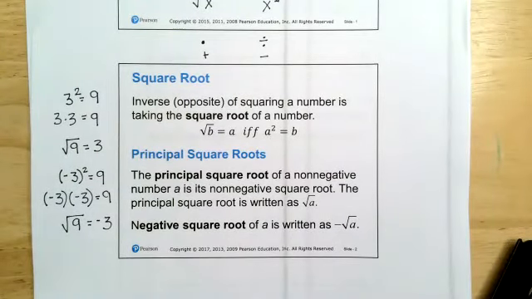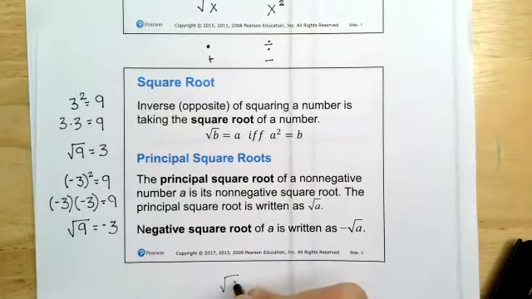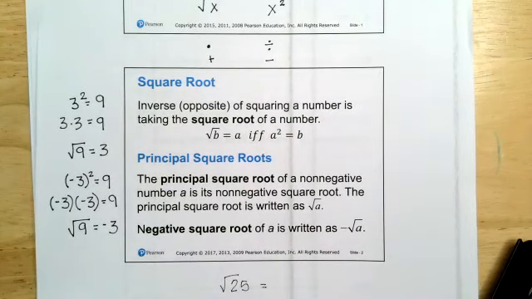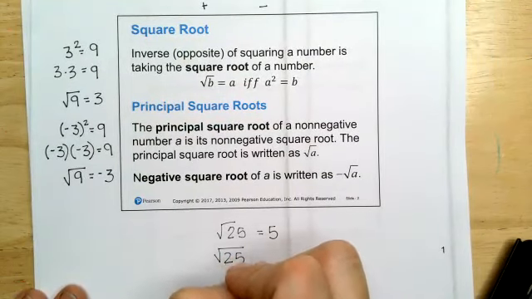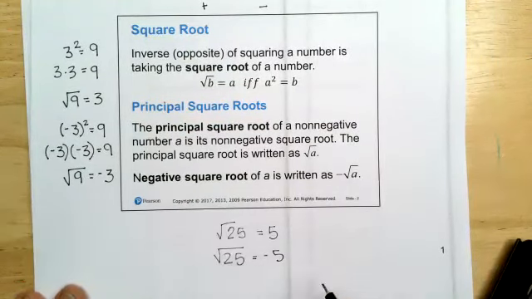If I was to say, what is the square root of 25? You would say it's 5, right? But the square root of 25 can also be -5. It's just not the main answer. Good?